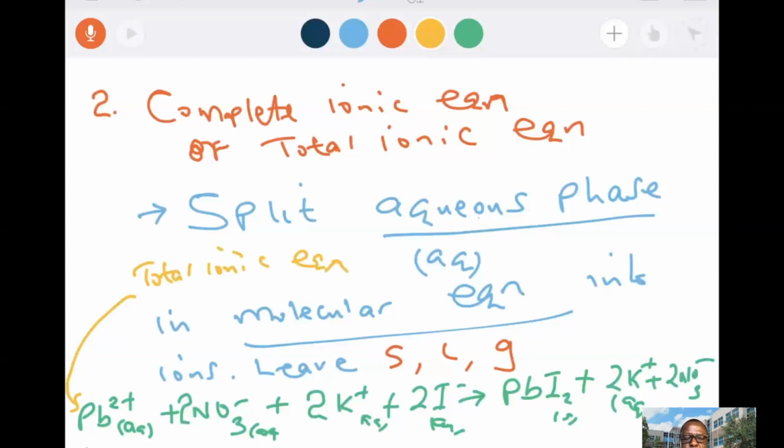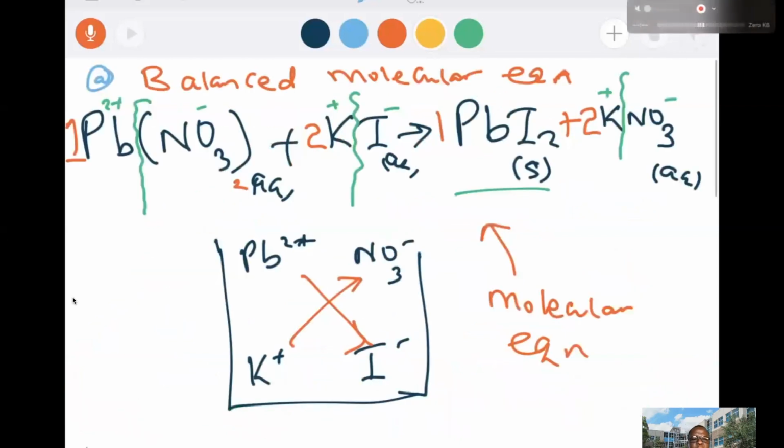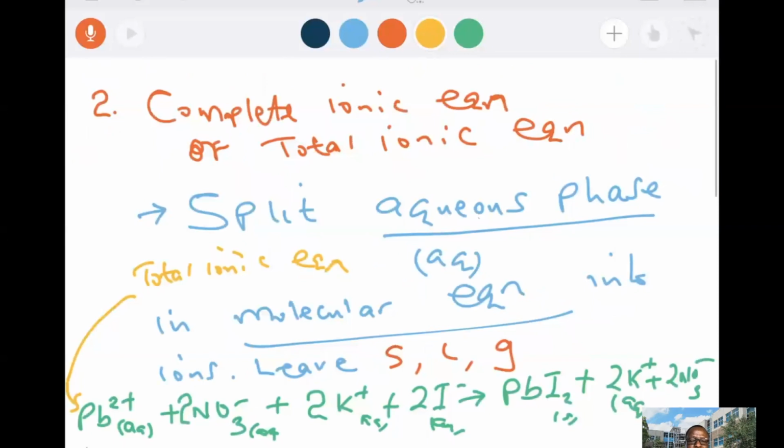So it's important to write the physical state in the molecular equation. If you don't write the physical state here, if you don't predict the solid, the aqueous, the liquid, the gas in the molecular equation, you'll have a rough time splitting. You may even end up splitting something which shouldn't be split.